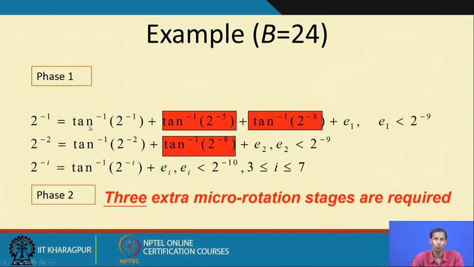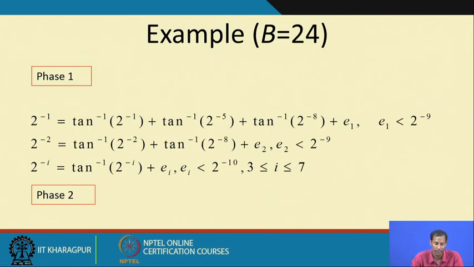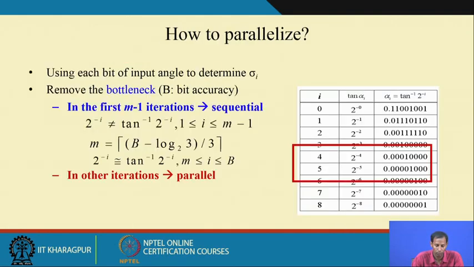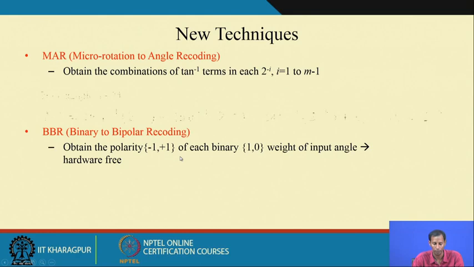So, what is this? There will be 2 phases, as I said, according to the algorithm. In one phase it has to pass m-1 iterations sequentially. For the other iterations, if I consider b number of iterations, then b minus m plus 1 iterations will be considered in parallel. Okay.